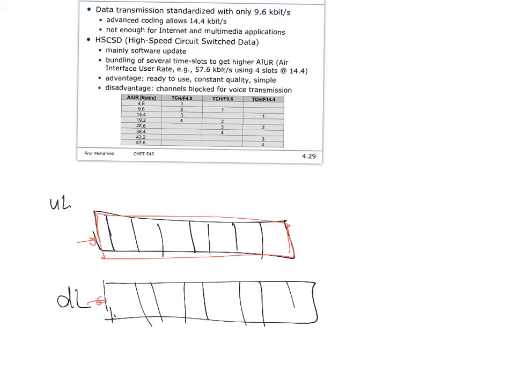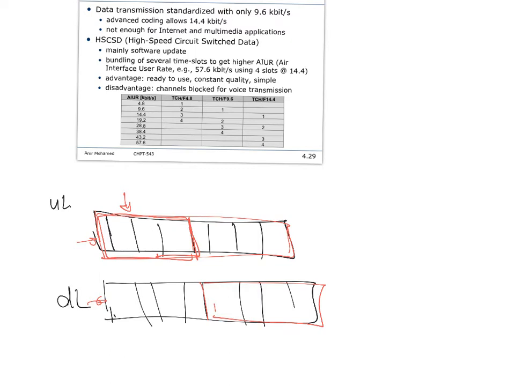But if I assign only 4 slots, then from the uplink I can take these 4 slots, and on the downlink I can take these 4 slots, in which case the mobile station doesn't have to be full duplex, right?